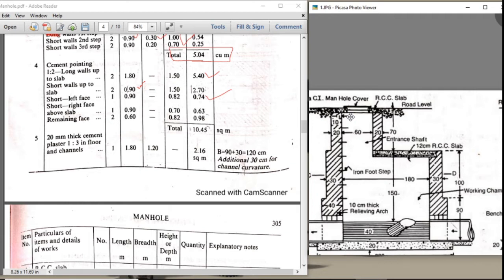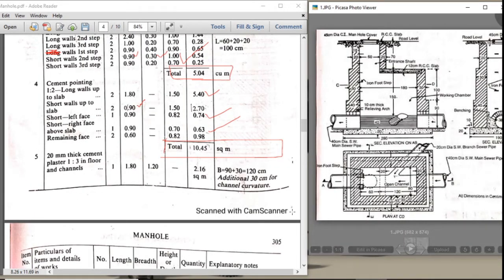There is need for cement pointing. So it is here one, back side one, two faces. So what is the inner length? 0.60. Okay, 0.60. And what is the height? 70 plus 12 centimeter, that is 0.82, 0.98. So totally you have to do cement pointing of 10.45 square meters.